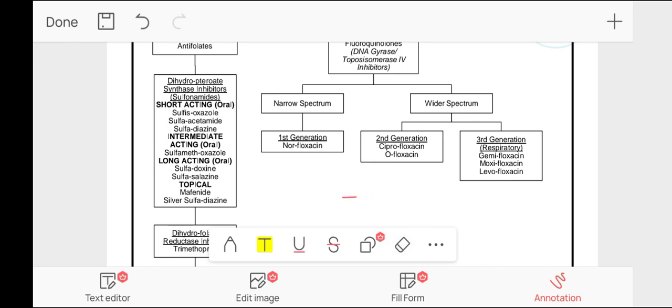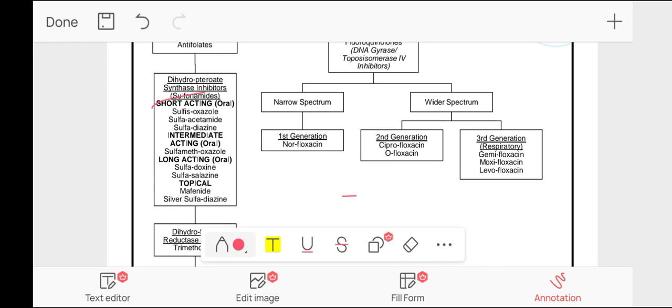If we talk about selective clinical uses of individual drugs, then we should note that sulfisoxazole, along with triple sulfa, is used for urinary tract infection, UTI, while sulfacetamide is used for ocular infection, while mafenide or silver sulfadiazine are used for burn infection.